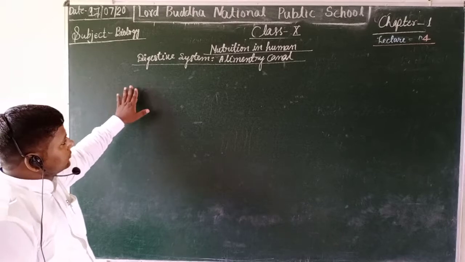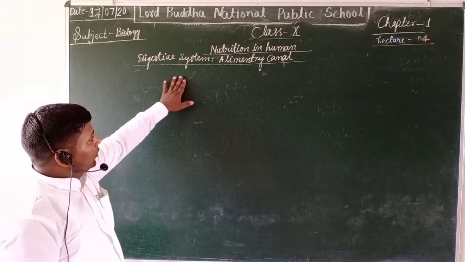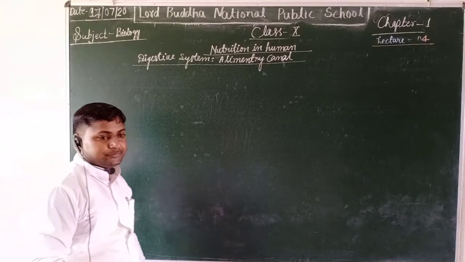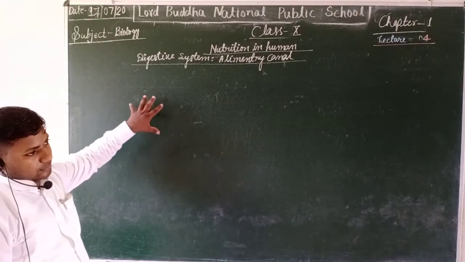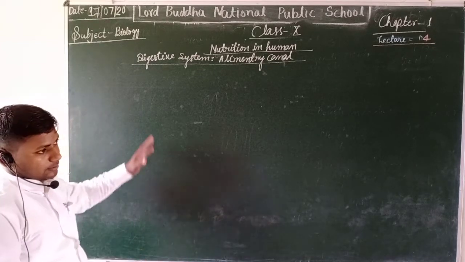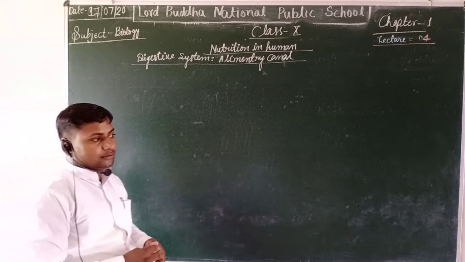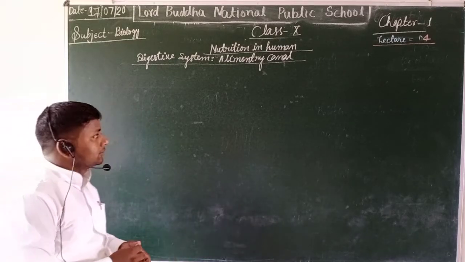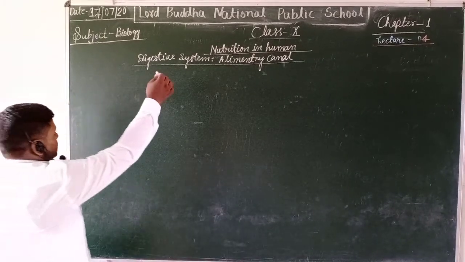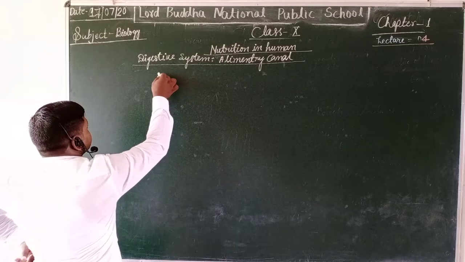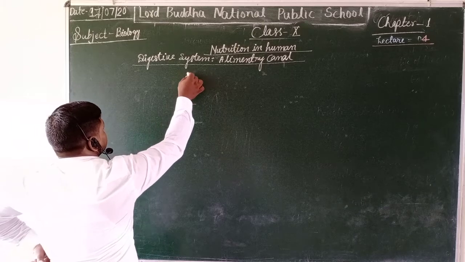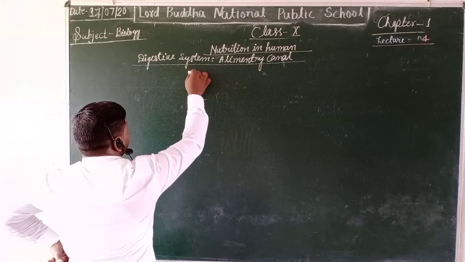I will tell you one by one, step by step, about these organs and how the passage of food takes place inside these tubes or organs to complete the process of digestion in the human alimentary canal. Let us see the structure of the human alimentary canal.